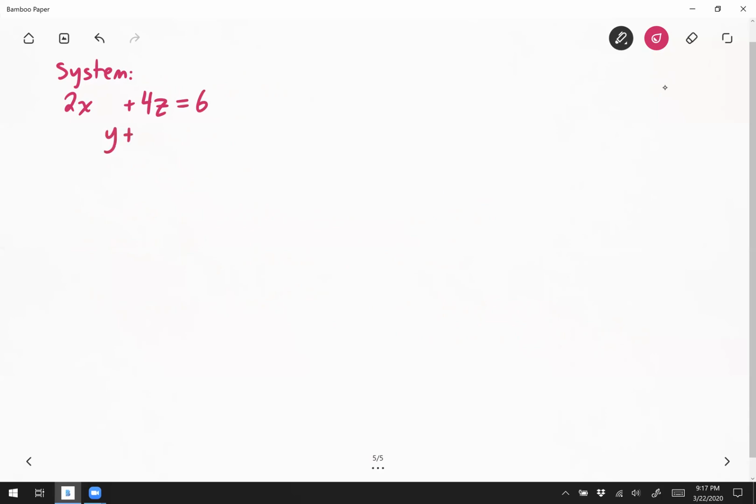Maybe y plus 5z is equal to 4. And let's do one with all the terms. 4x plus y plus 10z is equal to 15. All right, and convert this to a matrix equation.